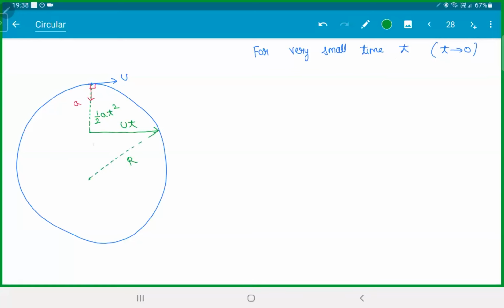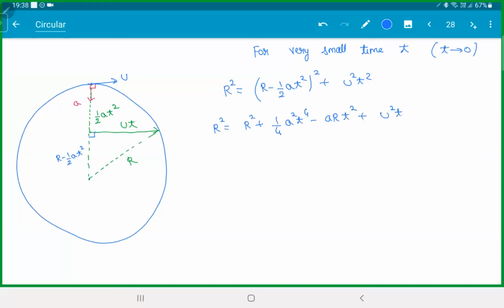And this distance is radius. And this guy will be r minus half at square. It's a right angle triangle. Pythagoras theorem: r square will be (r minus half at square) whole square plus u square t square. So r square plus 1 by 4 a square t power 4 minus a r t square plus u square t square.